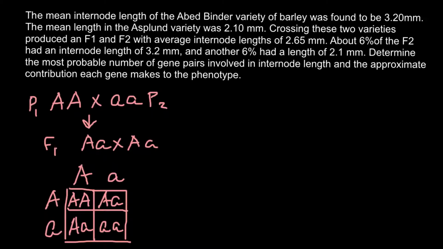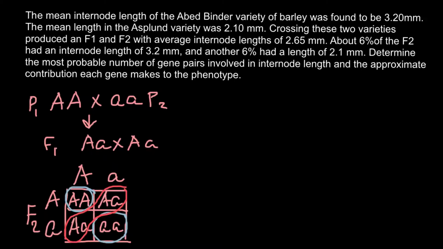So as you see, 25% would be one extreme genotype, 25% would be another extreme genotype, and we would also have an intermediate genotype in the F2 generation if this trait were under the control of only one gene with two variants of alleles.